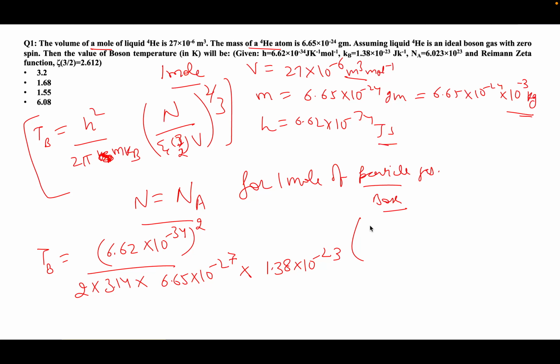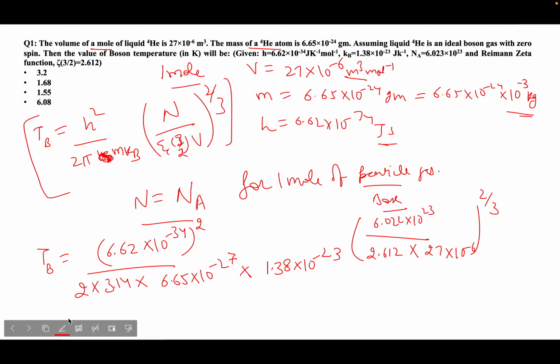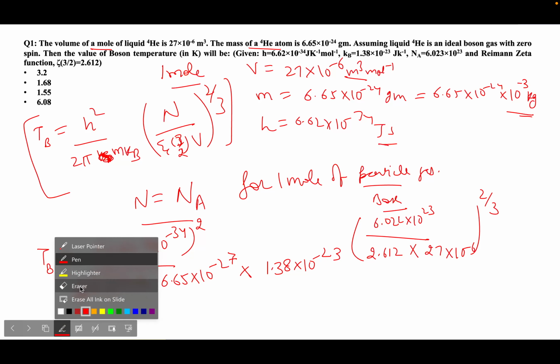So n is Na 6.022 into 10 to the power 23 divided by the Riemann zeta function, which is given, 2.612, and the volume is given, 27 into 10 to the power minus 6 meter cube per mole, to the power 2 by 3. So we can solve it by simply calculating this.